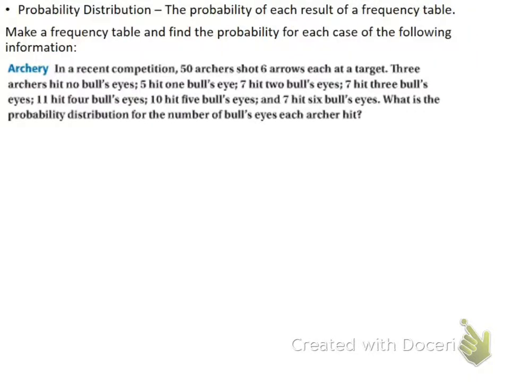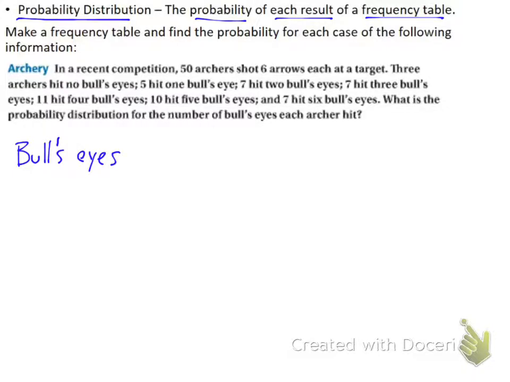Flip over to the back of the notes. A probability distribution is going to be the probability of each result in our frequency table. So we can make a frequency table and then find the probability of each thing happening. Here we have a competition between 50 archers, and we want to talk about the number of bullseyes that each get.